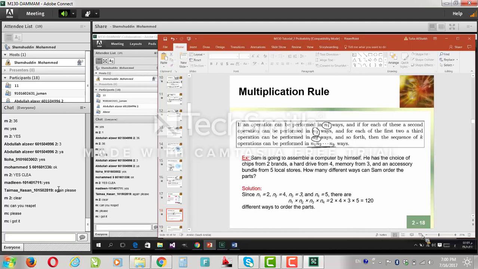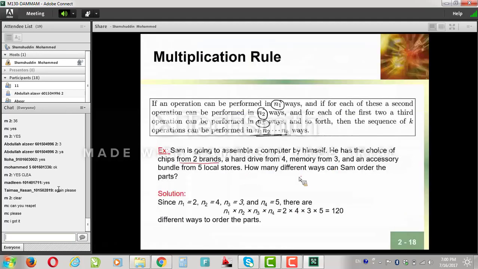Let me enlarge it here. Sam is going to assemble a computer by himself. He has choices of brands, so he has 2 brands to choose from, and he has hardware from 4 brands. So 2 multiplied by 4.